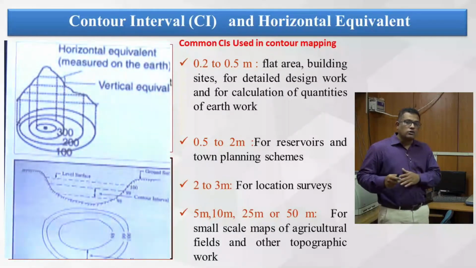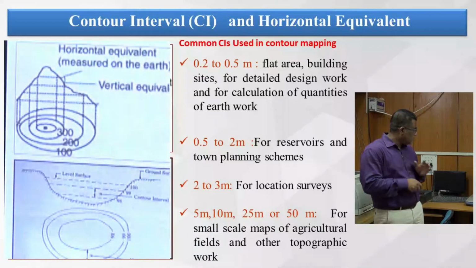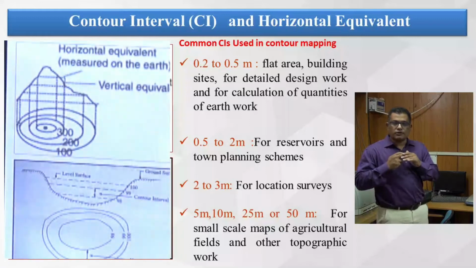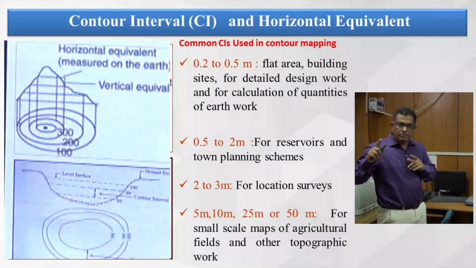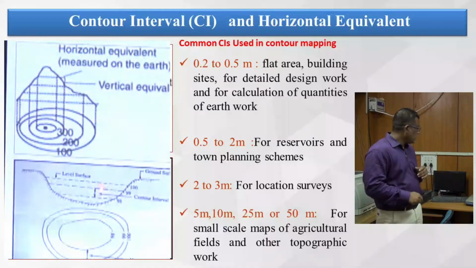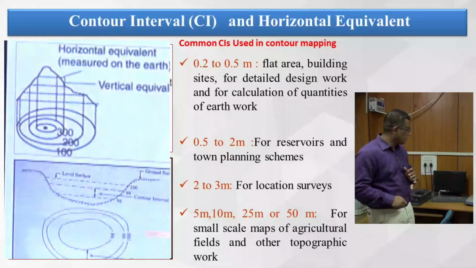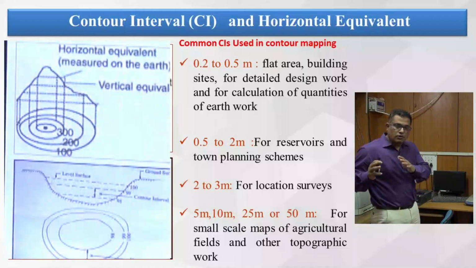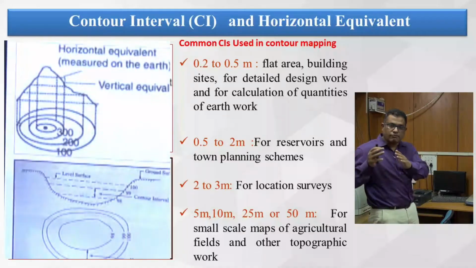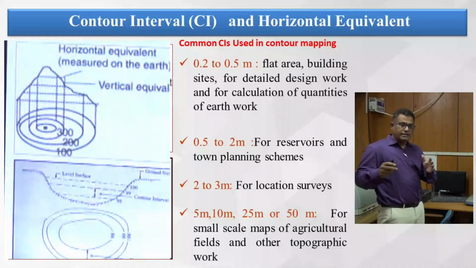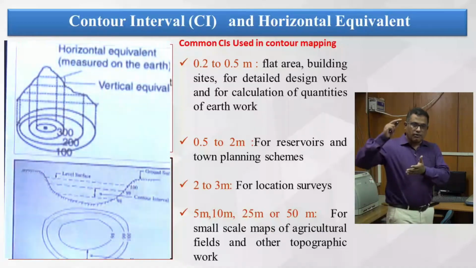And there is something called horizontal interval. We have learned that vertical interval is the distance between two successive contours, that is the difference in elevation between 2 points. The horizontal equivalent to it is the actual scale of the map. Say this is the map. You are making this contour map with a certain scale, say 1:100 or 1:20. That is not talking about the vertical distance.